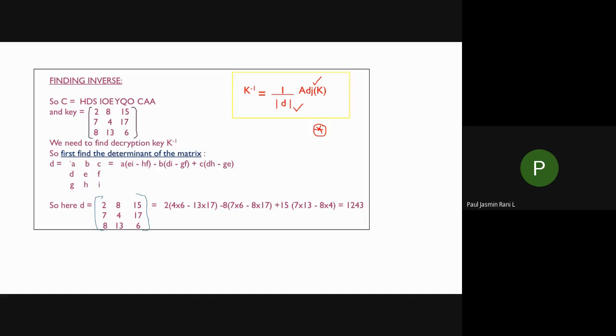This is the formula to find the determinant of a matrix. Suppose you have a 3 cross 3 matrix like this.